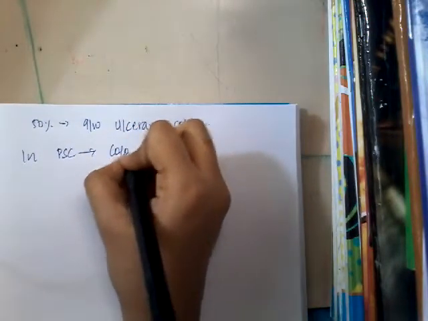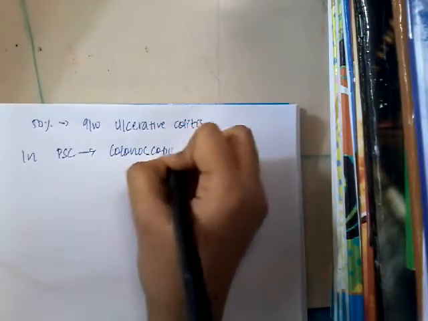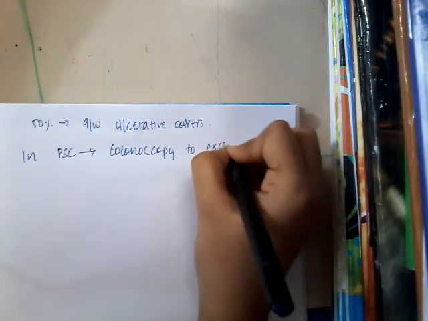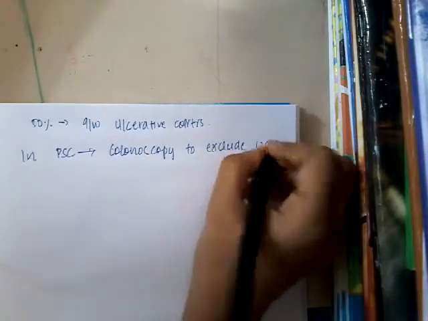So in all patients with primary sclerosing cholangitis, colonoscopy should be done to exclude ulcerative colitis.